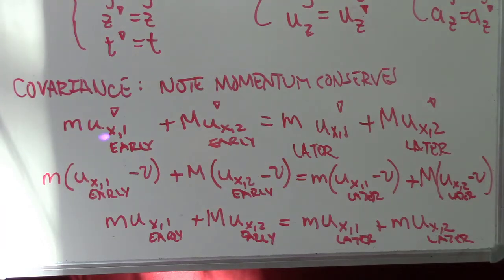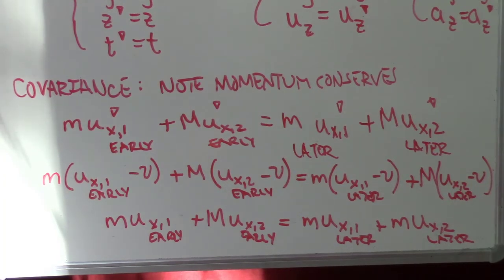So if we just sub in what we mean by ux1 prime and ux2 prime, the earlier and later cases, well, ux1 prime earlier is just going to be ux1 earlier minus v. ux2 prime earlier is just going to be ux2 earlier minus v. ux1 prime later is just going to be ux1 later minus v. And ux2 prime later is just going to be ux2 later minus v.